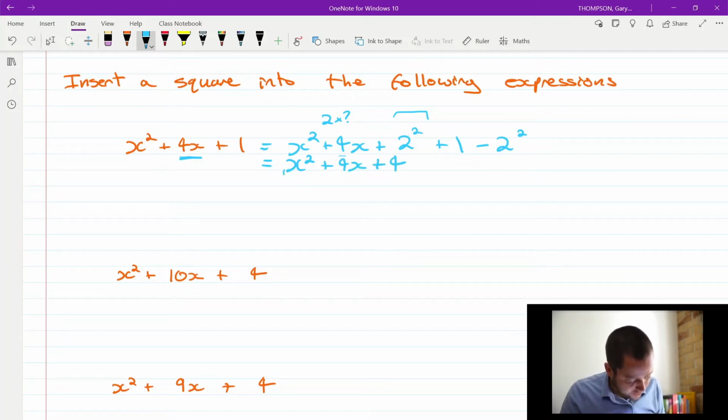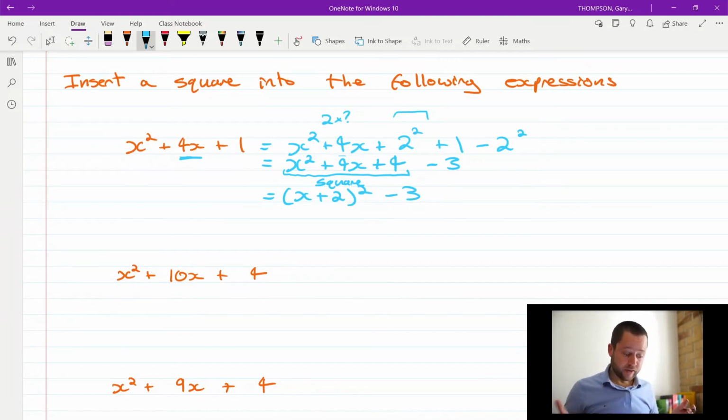That is my square, plus 1 minus 2 squared, which is 4. So 1 minus 4 is minus 3. I've now modified the expression to include a square in it. That square is going to be x plus 2 all squared minus 3.